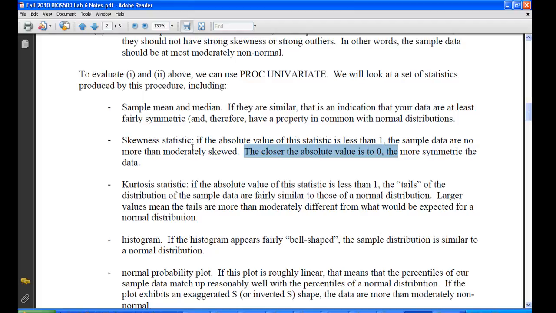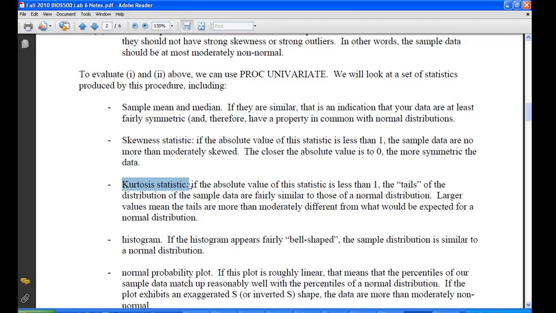Once you get skewness statistics more than 1 in absolute value, either smaller than -1 or greater than +1, now you're starting to get worried that the data really are too skewed to consider them to be no more than moderately non-normal.